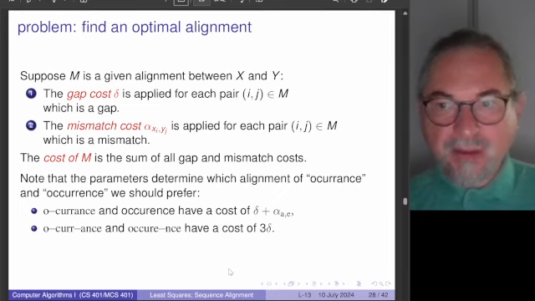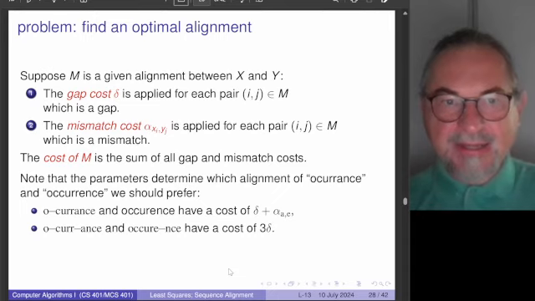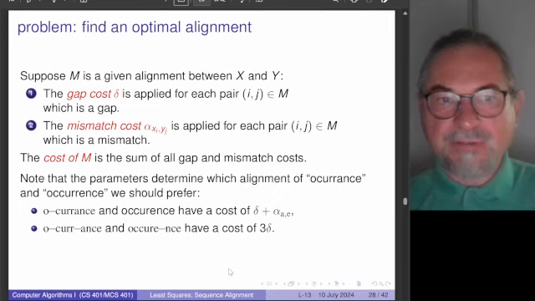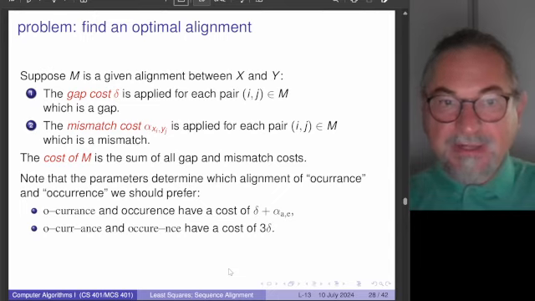Each time we skip a letter, we create a gap, and that creates a cost delta. So if we have a pair where there is a gap, where we omitted a character, we have cost delta.